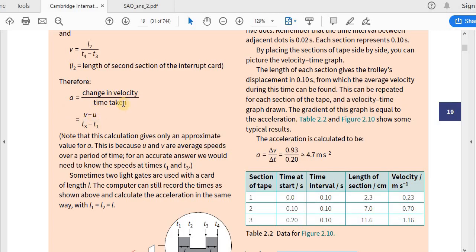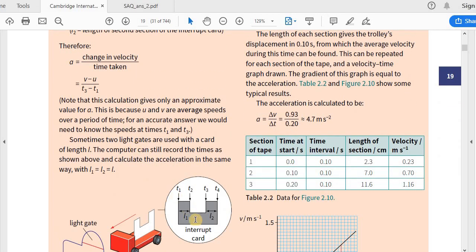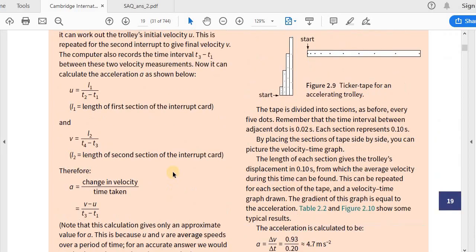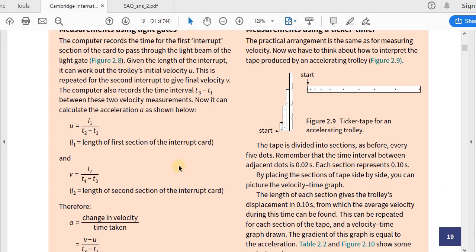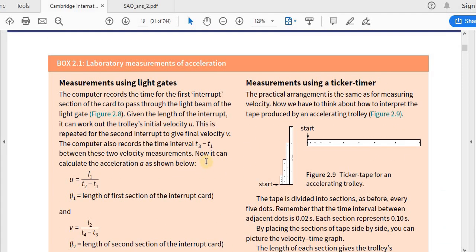And acceleration is V minus U over T3 minus T1. And don't confuse it. Sometimes students might think T4 minus T1 or T4 minus T2. Remember, it's T3 minus T1. So that is one method, using a light gate and the interrupting section of the card.